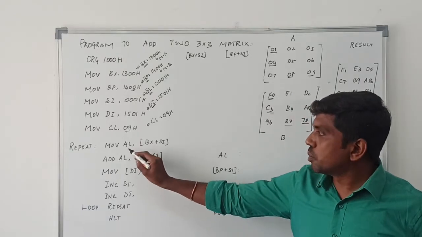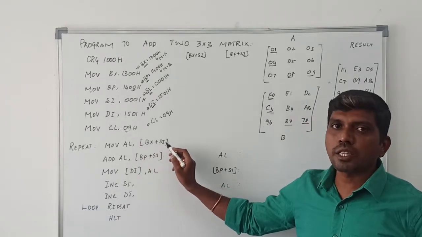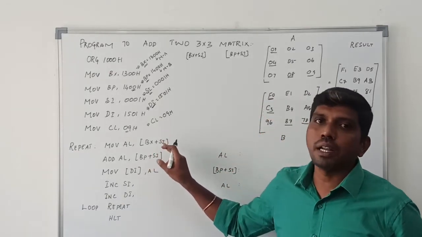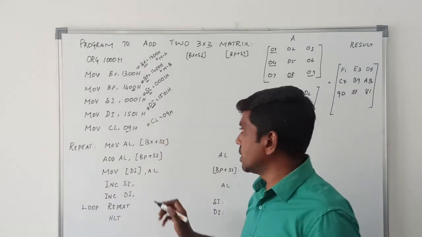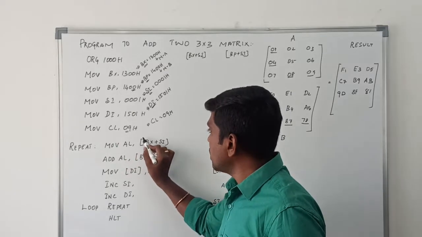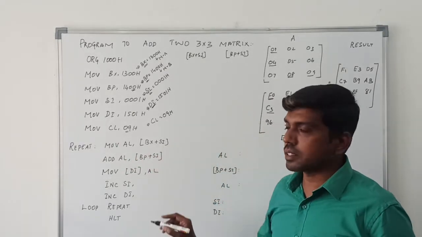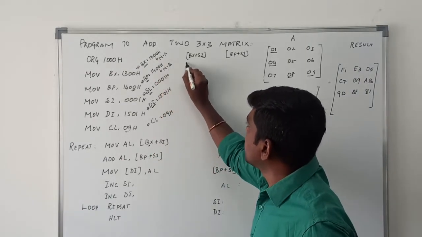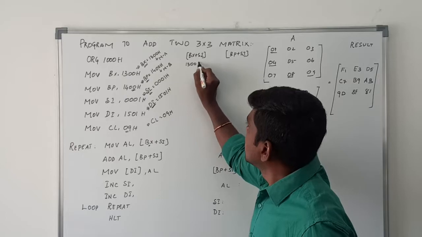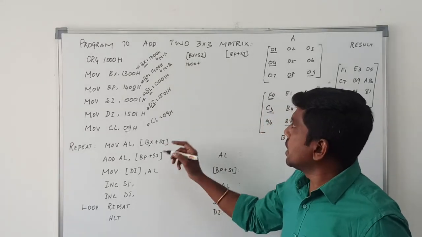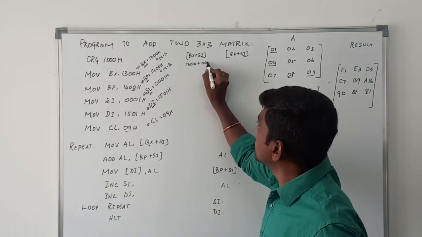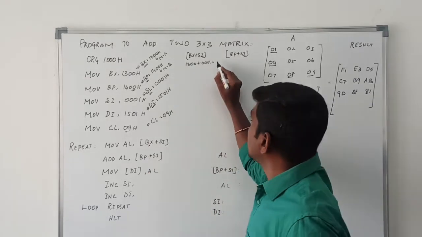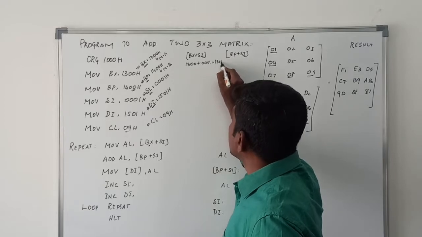The next instruction, MOV AL, within brackets BX plus SI. Whatever value is mentioned within the brackets is considered an address location. The BX register content is 1300, plus the SI value 0001. Adding these two contents, you get the new memory location 1301.